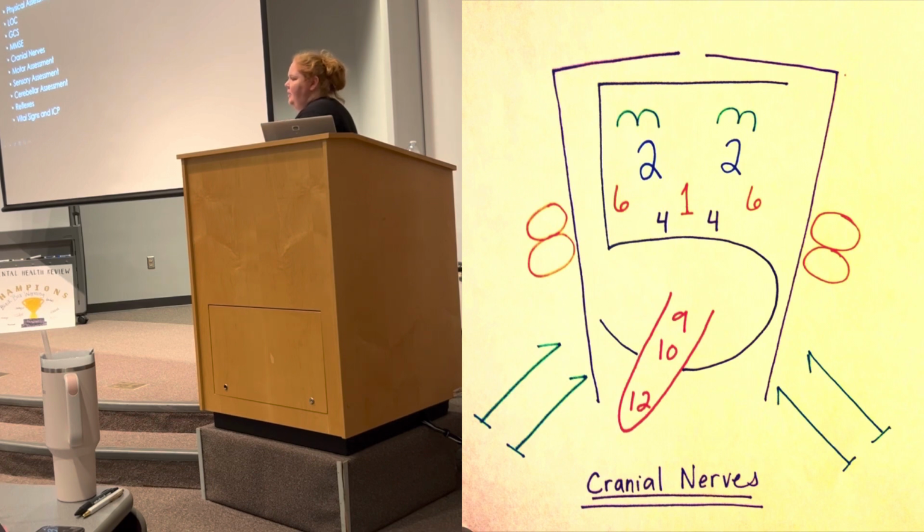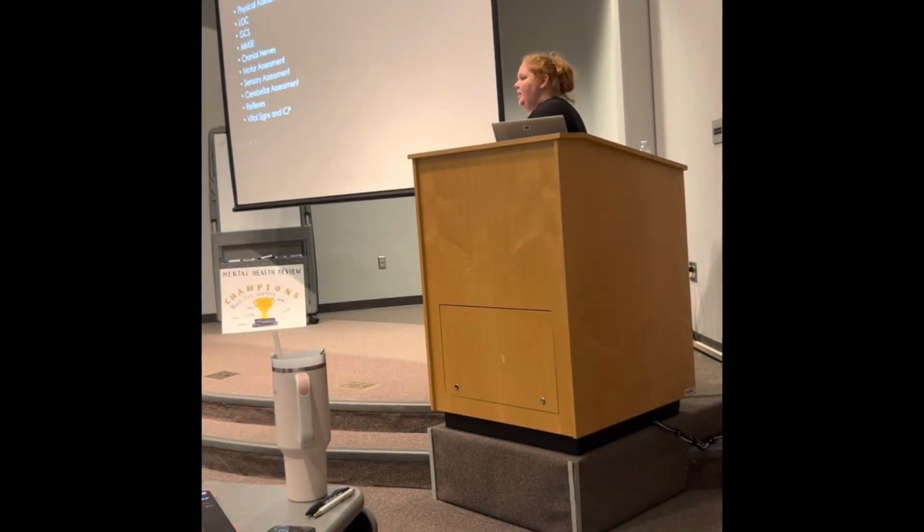But it's going to be important to know which cranial nerve affects which area, simply because if we know that there's a problem with a certain cranial nerve, what are we going to see in our patients? Is it going to cause difficulty swallowing? Is it going to cause a problem with their peripheral vision?